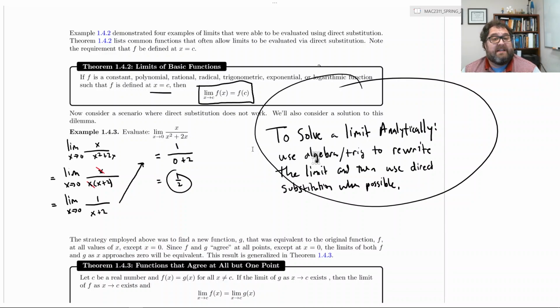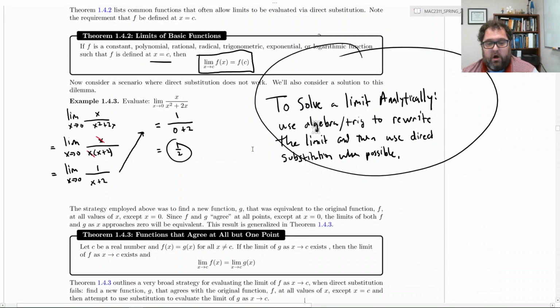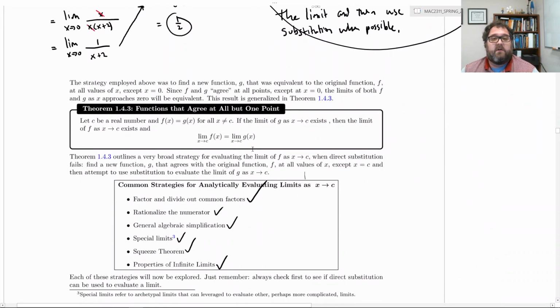So the game plan for the next 4, 5, or 6 videos is to show how to use all of these specific techniques in action to solve limits analytically. But remember, the idea is common amongst all of them. We're just going to try to simplify as much as possible, so eventually we can use direct substitution.